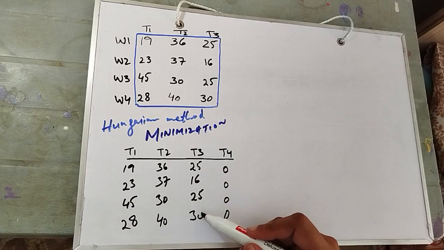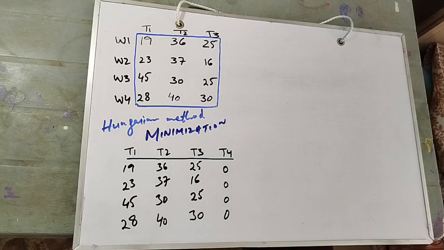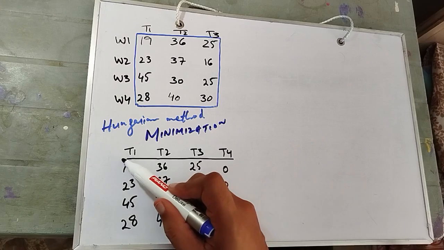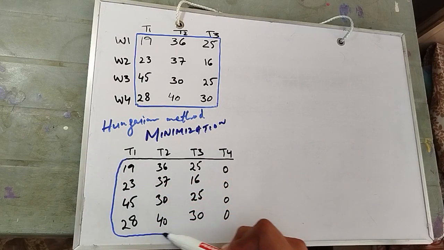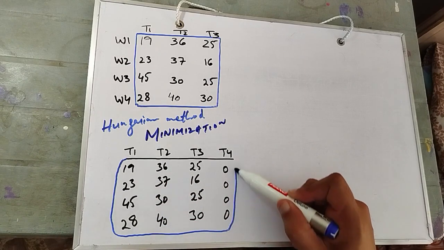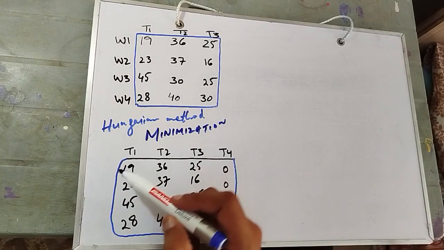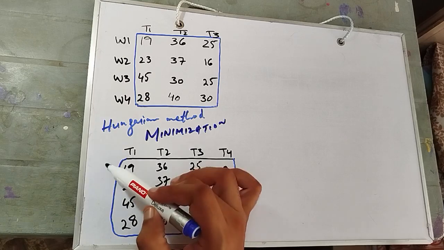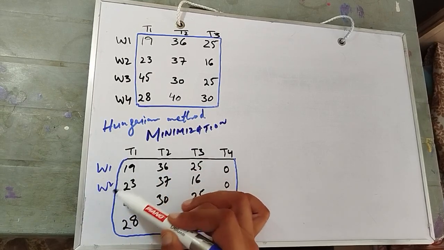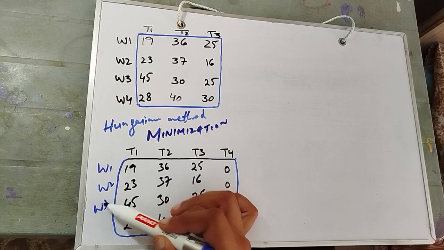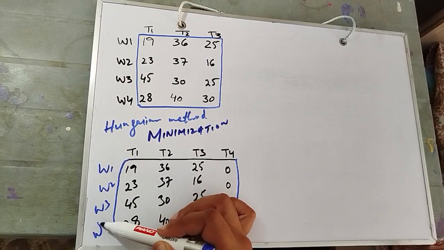Okay. So you see this matrix is ready and it is balanced. So we can solve it with the Hungarian method and assign the jobs to the different workers, worker 1, worker 2, worker 3, worker 4.